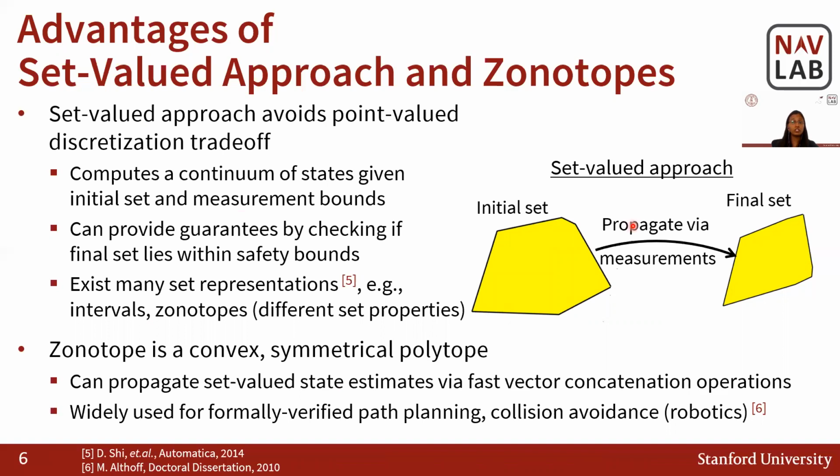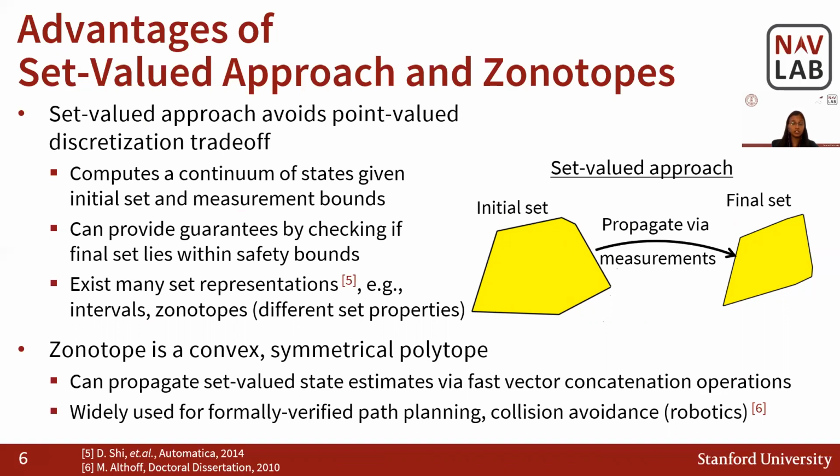An illustration of this set-valued approach can be seen in this figure. Furthermore, the set-valued approach can be used to provide guarantees by checking if the final estimated position set lies within the user-specified safety bounds. In literature, many set representations exist for parametrizing the states.